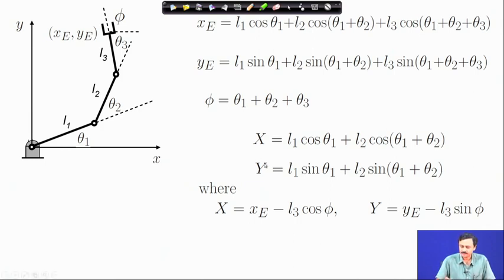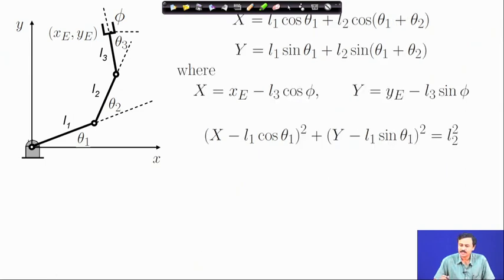So, I had these definitions of capital X and capital Y, now in terms of theta 1 and theta 2.